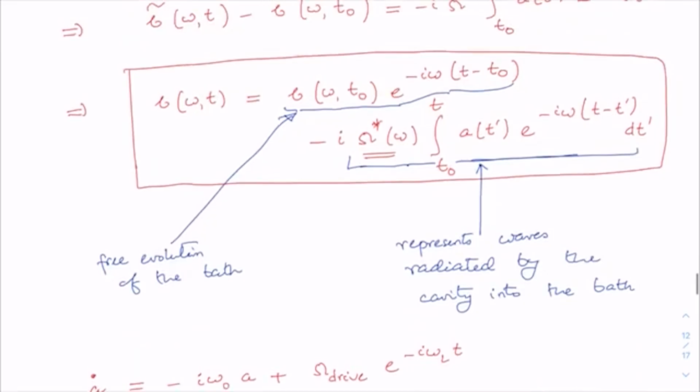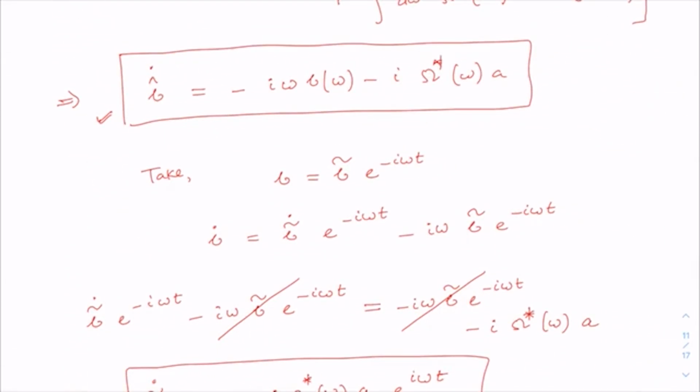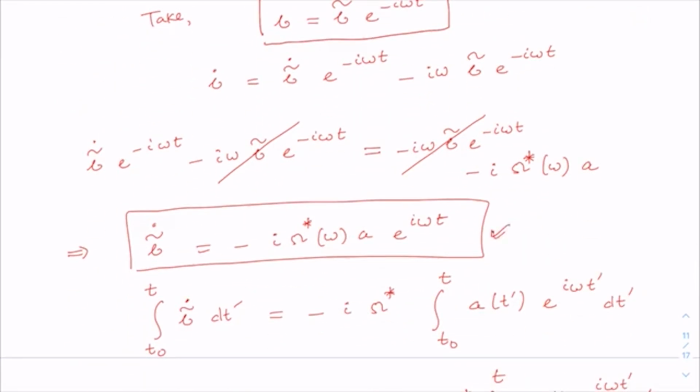This is where our original bath mode time evolution equation was; then going over to this new variable b tilde, we got rid of this particular term, and we have this particular equation.